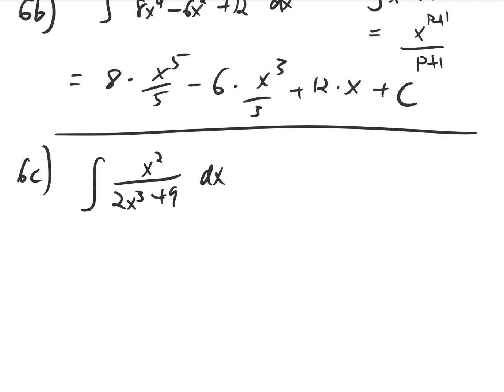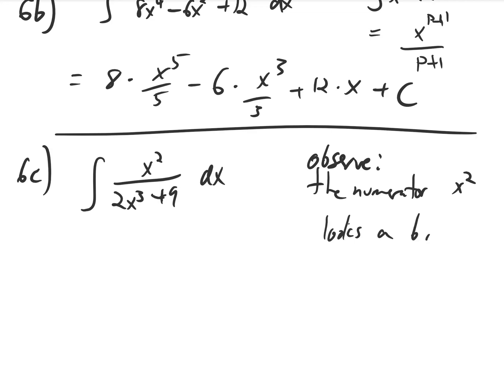All right, now they're getting a little bit more complicated. So when I first look at it, this rational function whose numerator is x squared and the denominator is 2x cubed plus 9, that's not a function I know how to integrate offhand. But we observe that part of the expression, the numerator, looks a bit like the derivative of another piece.